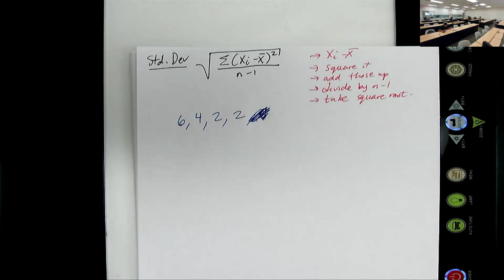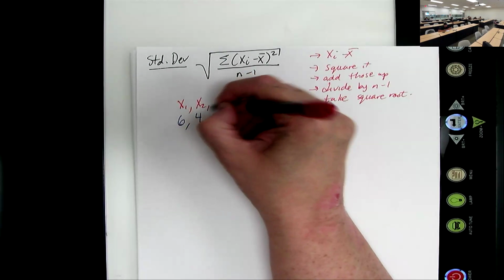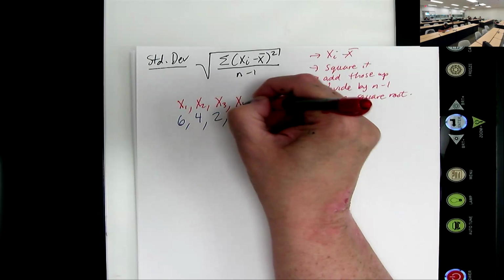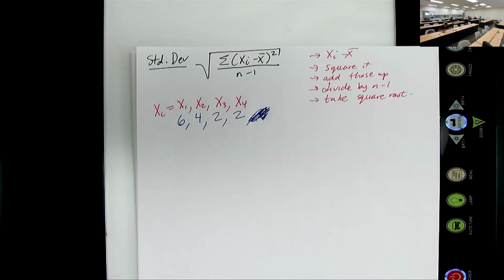So these are my xi's. This is x1, x2, x3, x4. Those represent xi. X bar is the mean.